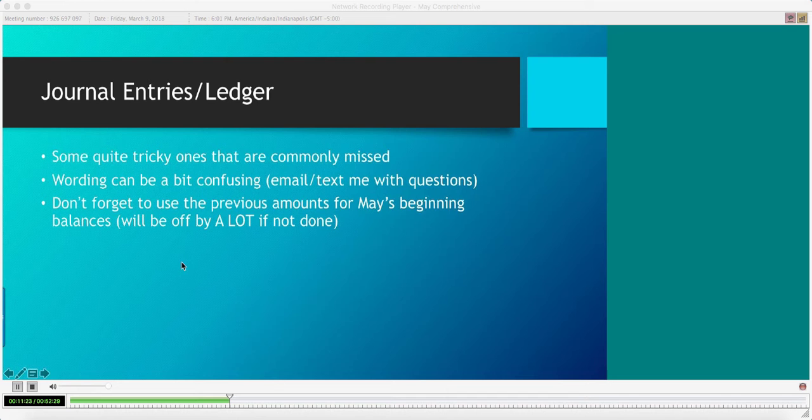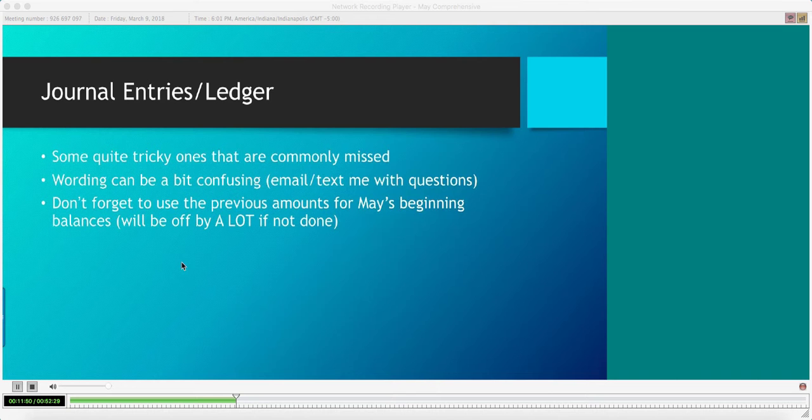Okay, again, the journal entries can be quite tricky. There's some with wording that's confusing. And then again, don't forget to use April's post-closing trial balance. I've had students not do that, and usually they only get about 50% for May's comprehensive.